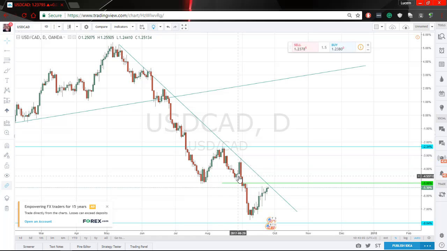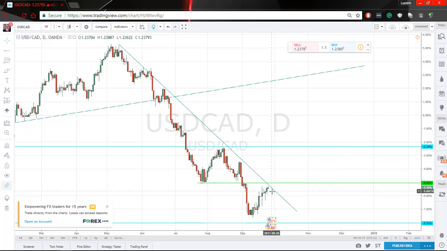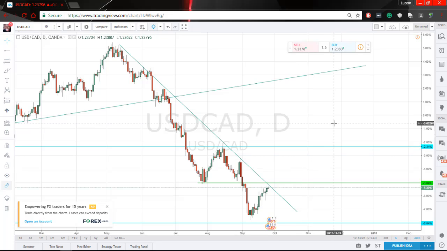So we have a very nice 50% zone, which is clearly also a support line over here. You guys can see that it's a support line over here. It's now a resistance zone, and it's also a Fibonacci critical zone. That's a very nice complement for us.